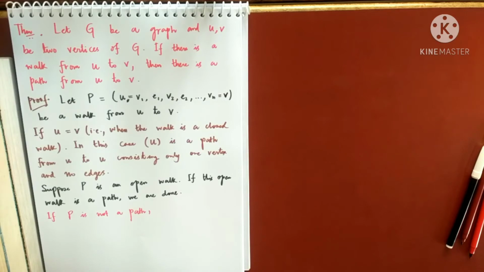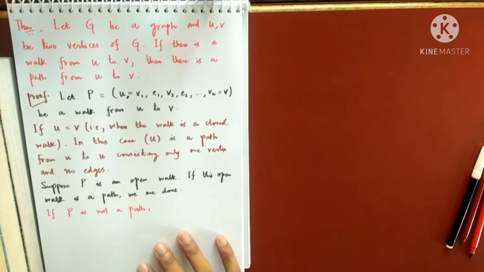Do you agree with my point? When some edge is repeated, the vertex will also be repeated, that is for sure. Because if E is an edge from V1 to V2, and I am repeating E again, that means I am again traveling from V1 to V2 or V2 to V1. So even if edges are repeated, the vertices are definitely repeated.